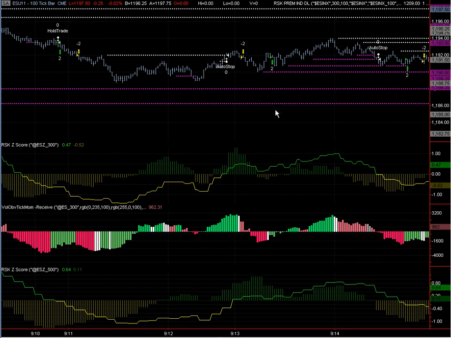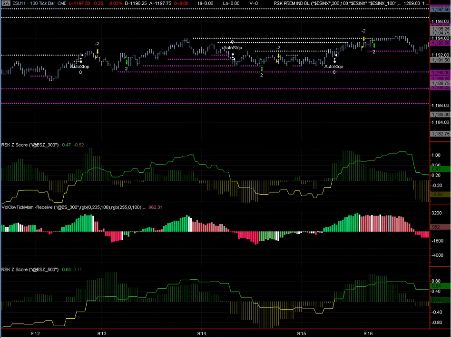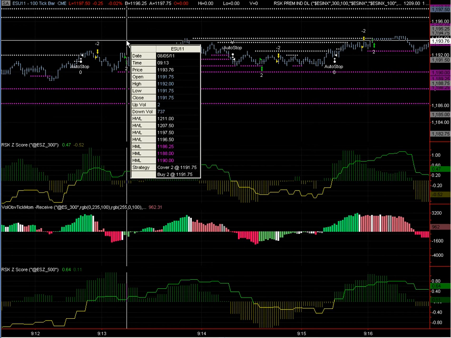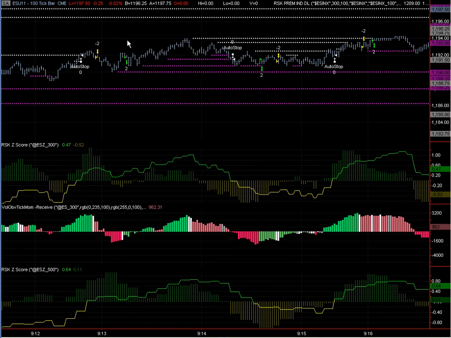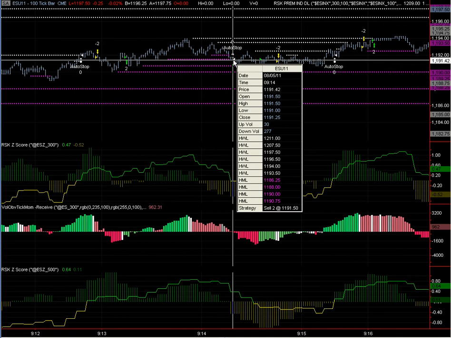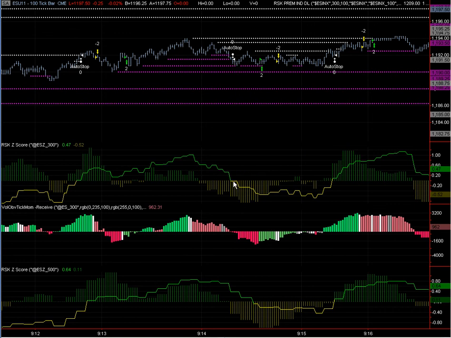Let's look at the next auto-stop. Here we have a long trade at 11.91.75. It gets auto-stopped at 11.91.50. Why? Because the z-score drops below 0 and the bars are red.